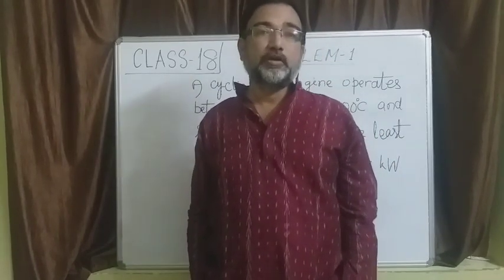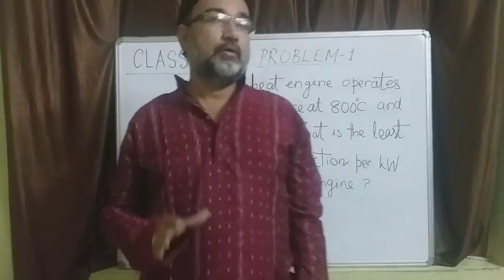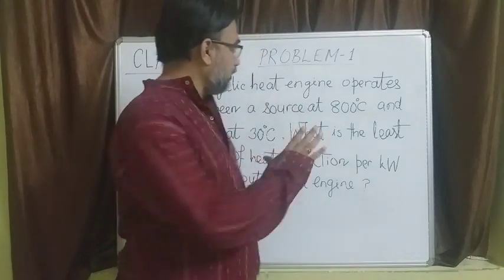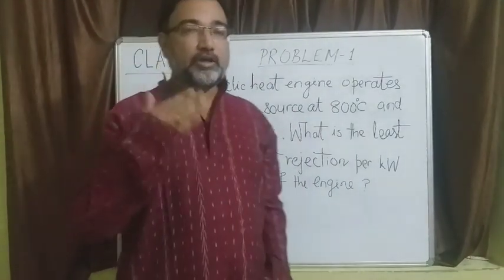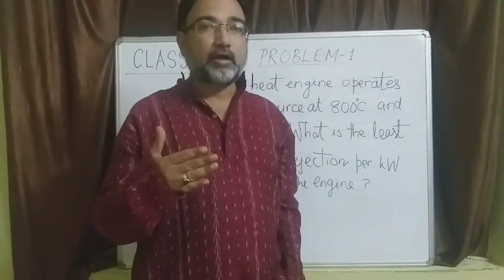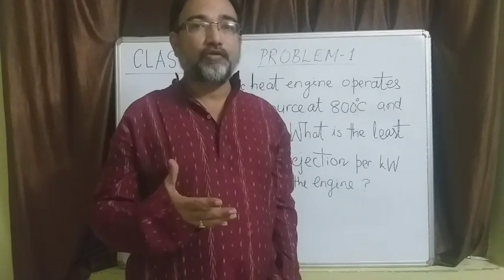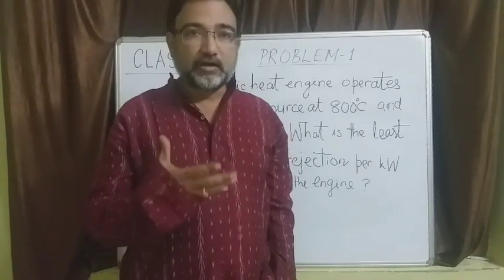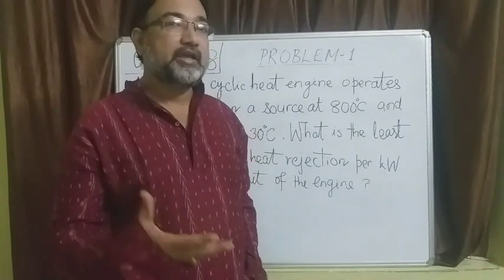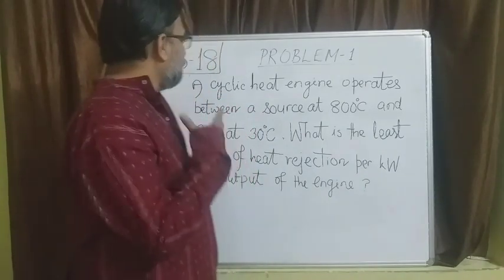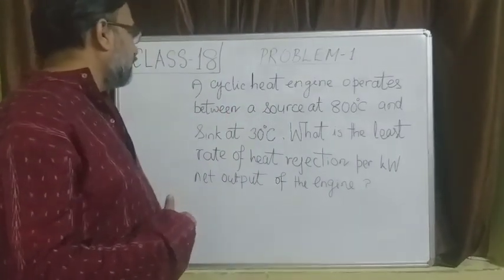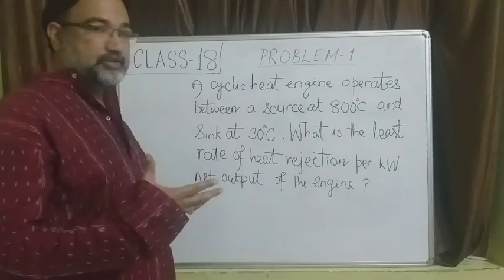So let us solve a numerical problem. Now the problem I have already written here. Now read the problem and try to make out whether it is a Carnot cycle problem or a real engine problem. Okay. So the problem goes like this. A cyclic heat engine operates.